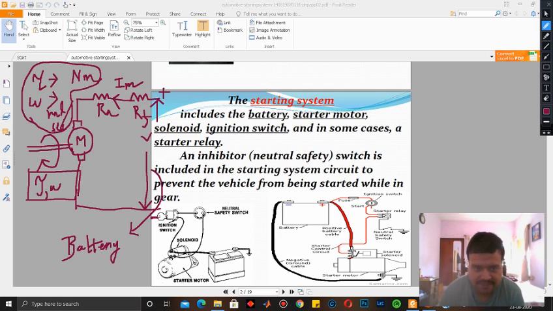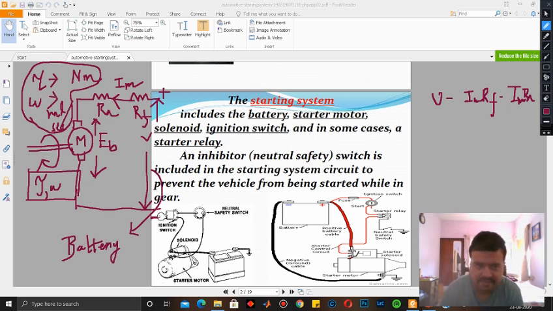If we apply KVL, or Kirchhoff's voltage law, it is given by something like this. V minus ImRF minus ImRA equals the back EMF, which is given by EB.